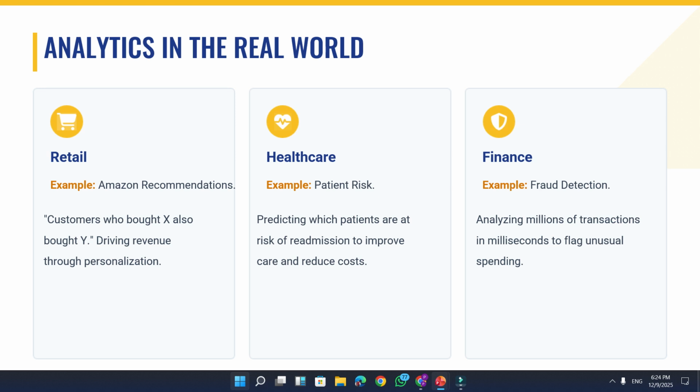This is because they have already studied correlations between different items and can say someone who bought a telephone might need, for example, a glass. And in healthcare, it can help to know which patients are at risk of readmission so that they can improve care and reduce costs.